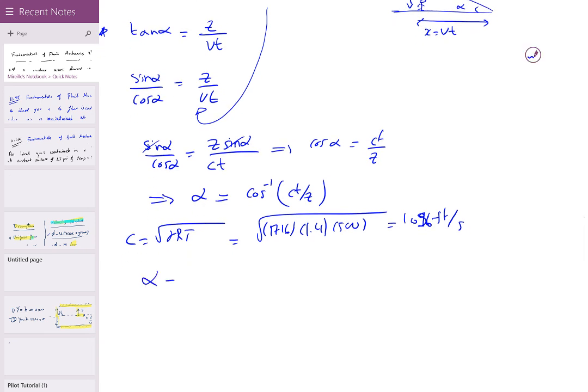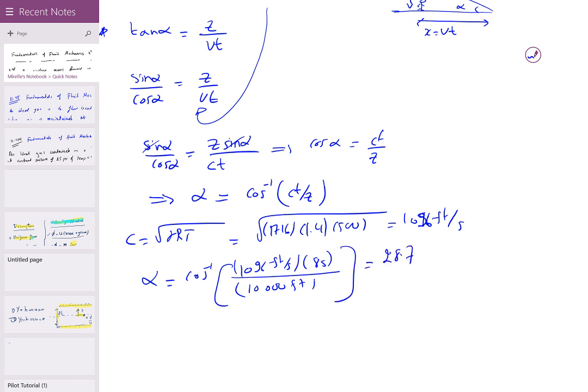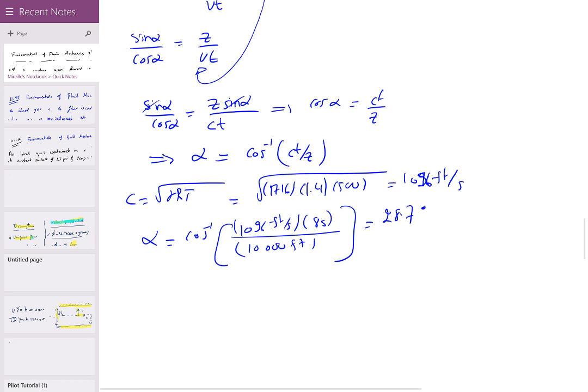Therefore, alpha is equal to cosine inverse of 1096 feet per second times 8 seconds over 10,000 feet. So alpha is 28.7 degrees.